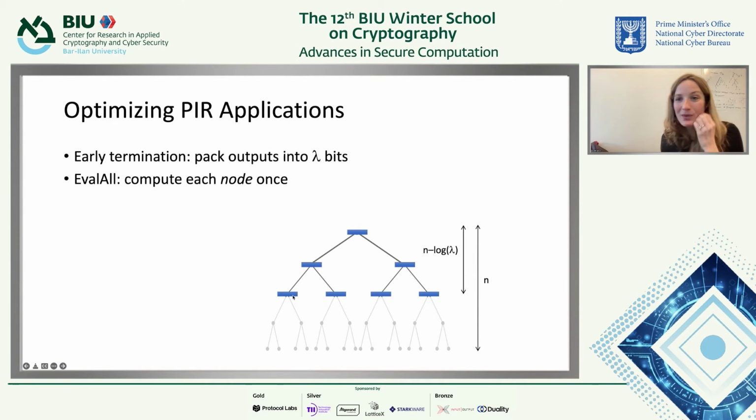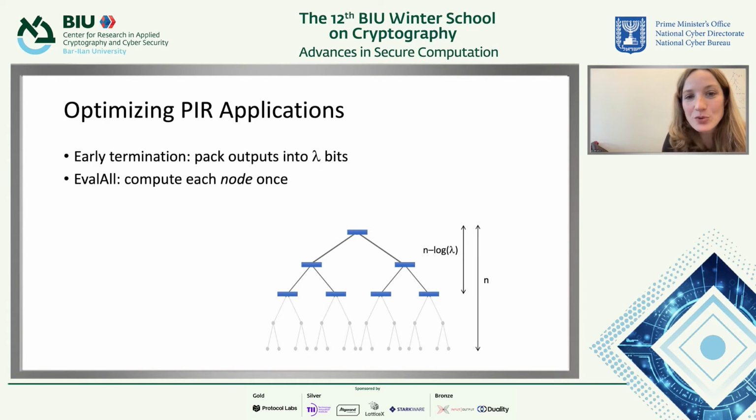Another one: I mentioned that for private information retrieval type applications, you need to evaluate this FSS on every single input. One way to do that, of course, is by evaluating on one input and then starting fresh and evaluating on another, and so forth.